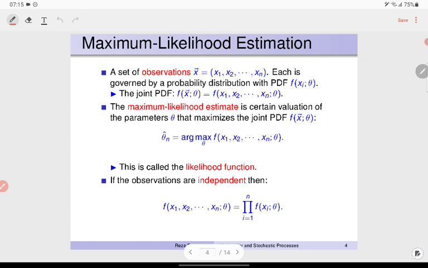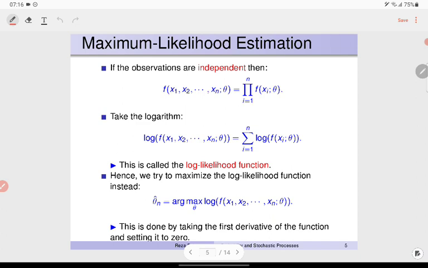Now, usually we are able to form the observations such that they are indeed independent. If they are mutually independent, then according to probability theory, their probabilities can simply be multiplied with each other. Namely, the likelihood function, the joint PDF f of x1, x2, and so on until xn with parameter theta, will simply be given by the product from i equal to 1 until n of f of xi with theta.